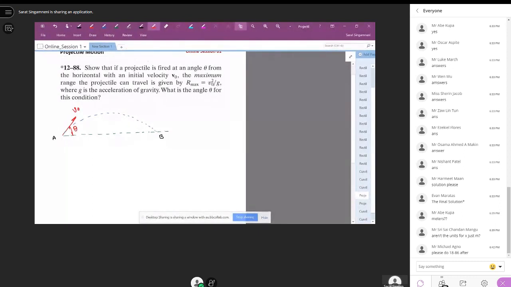Okay, what is the maximum range? Range is this distance r.